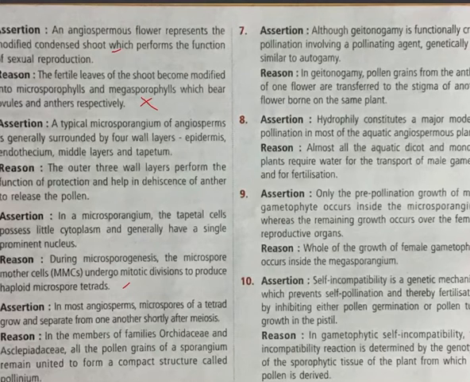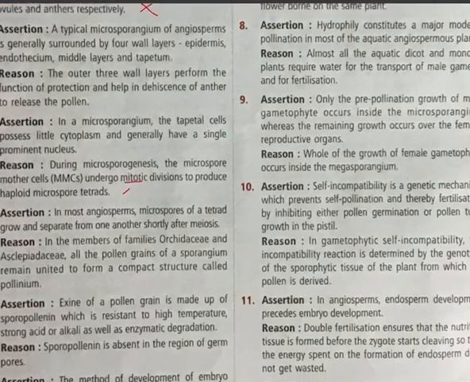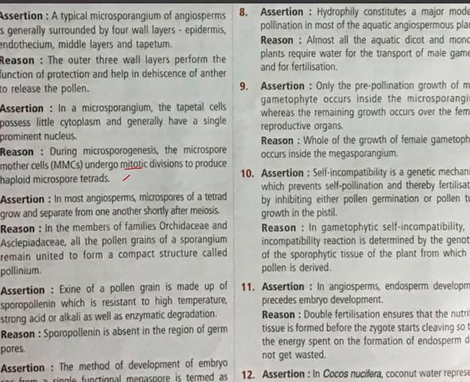Microsporogenesis refers to the process of formation of haploid microspores or pollen grains from a microspore mother cell, MMC, or pollen mother cell, PMC, through meiosis. Now, through meiosis, whereas here we are saying mitosis. That is the thing. And so the answer has to be D.